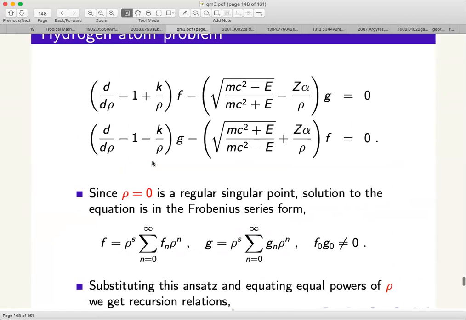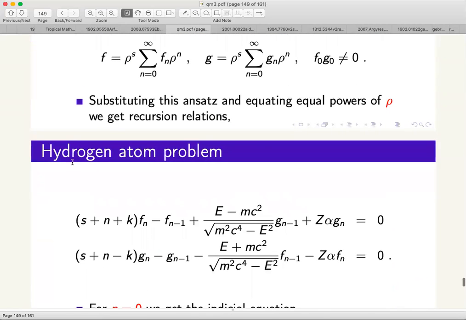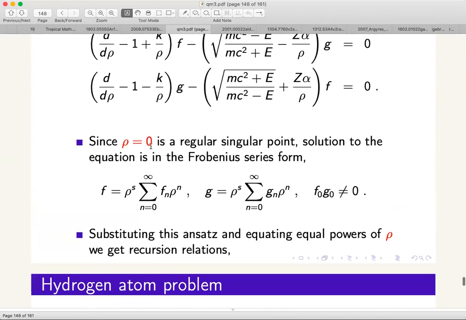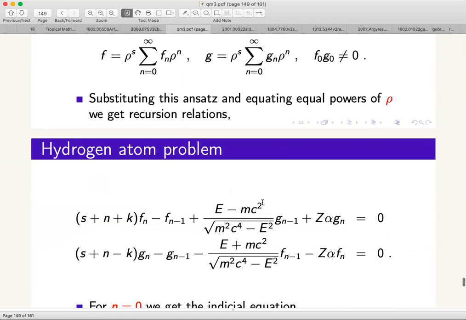Here plus k and here minus k. So you'll see that the two equations will have s plus n plus k versus s plus n minus k. Then there is just a minus one piece sitting around here, and then this piece is just coming down as it is. Okay, and you get these expressions.